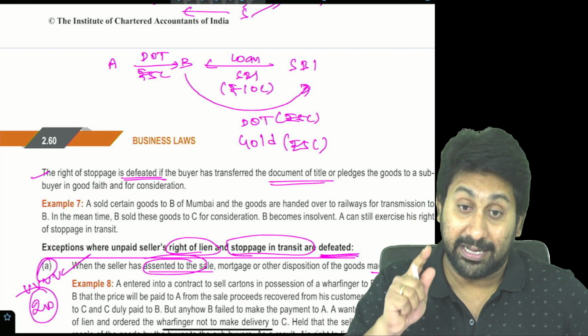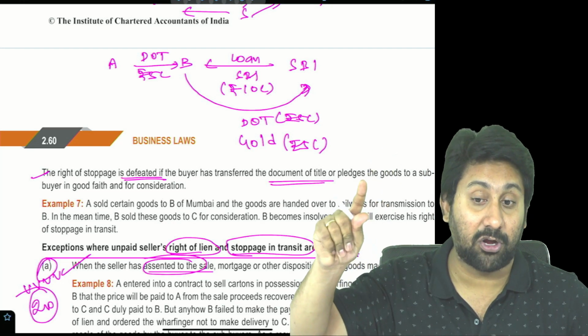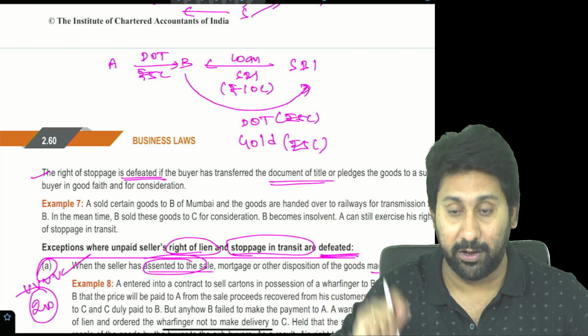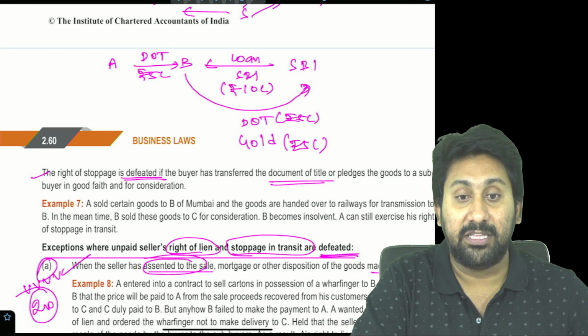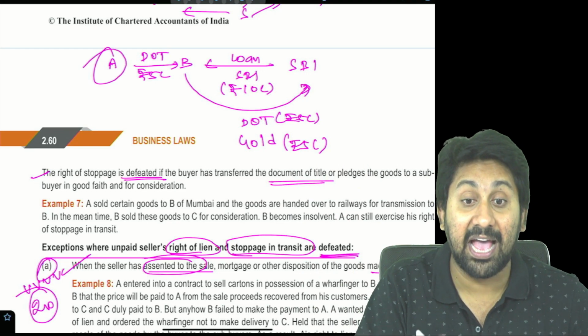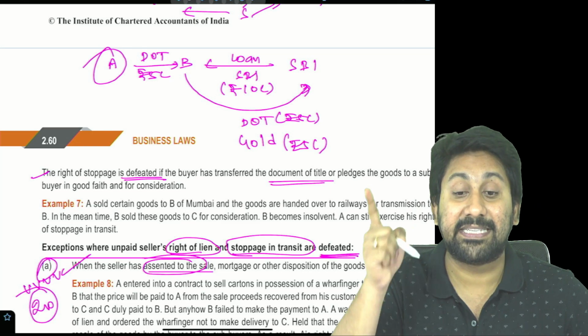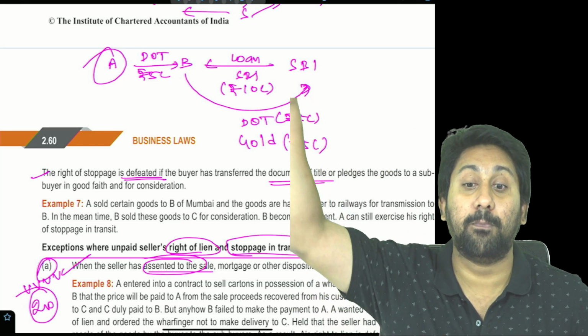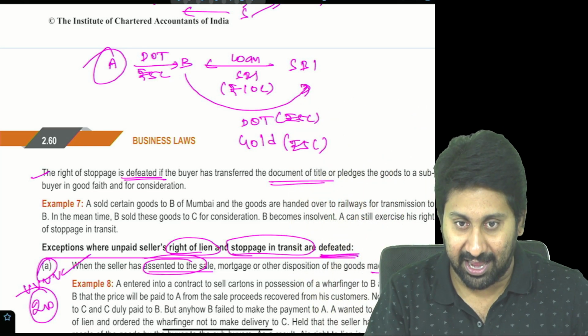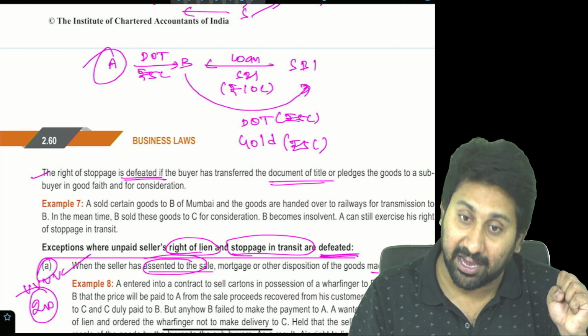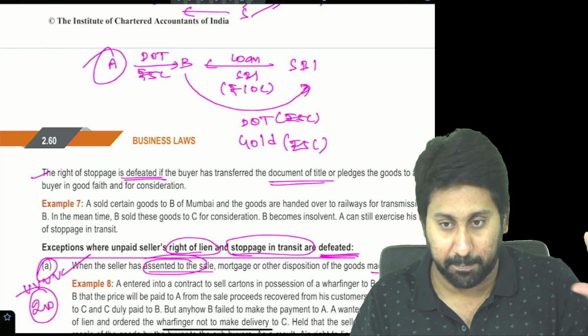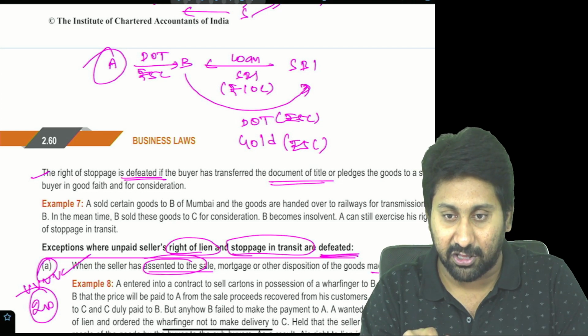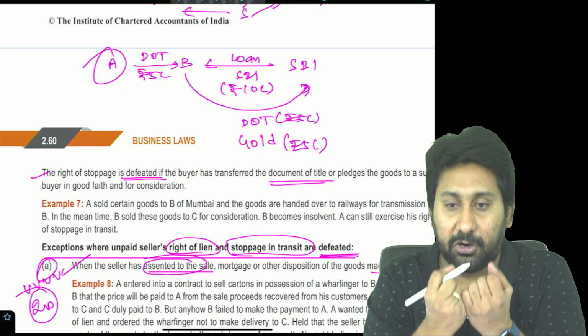So, 10 lakh loan, 5 lakh is the document of title, 5 lakh is the gold. Now A has a right to sell the gold belonging to B and get that 5 lakh. The 5 lakh for the document of title A has to pay to SBI like in the previous case, and he can clear the dues and get back the document of title.